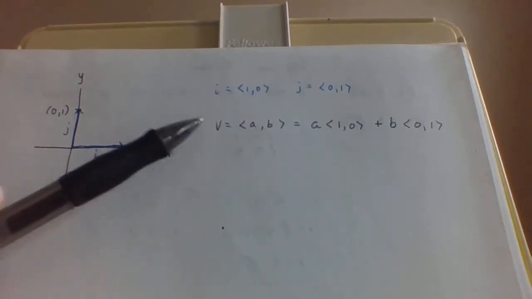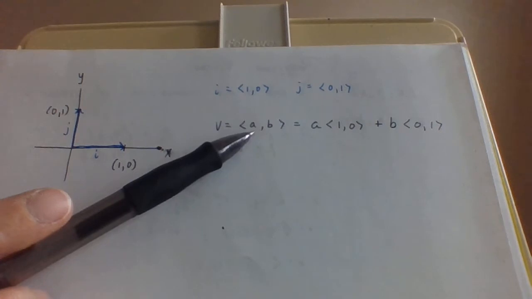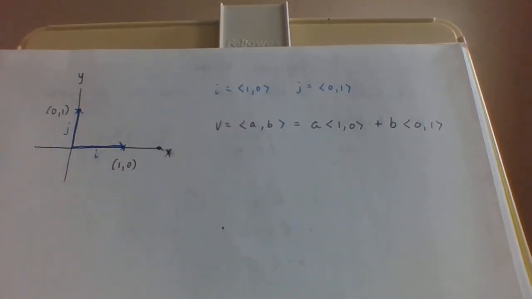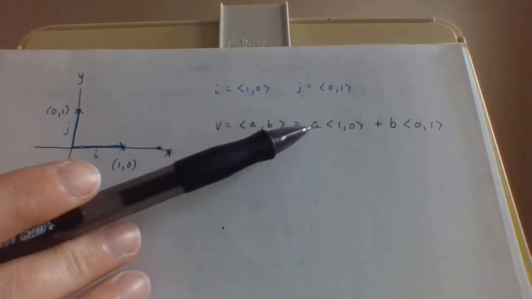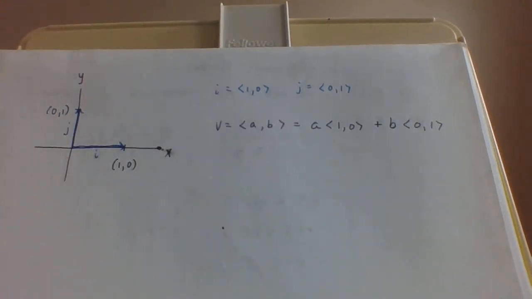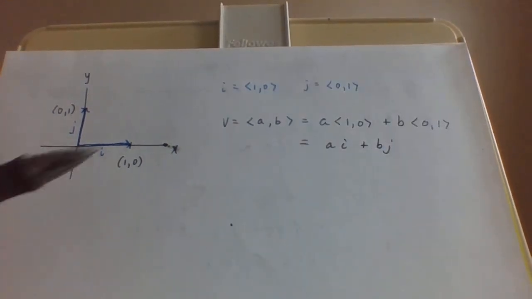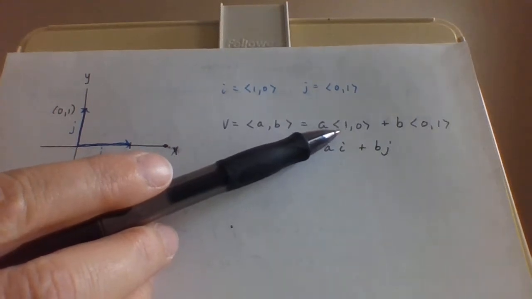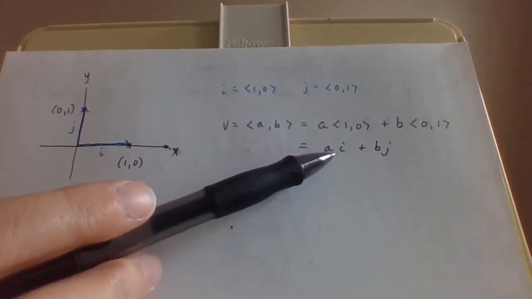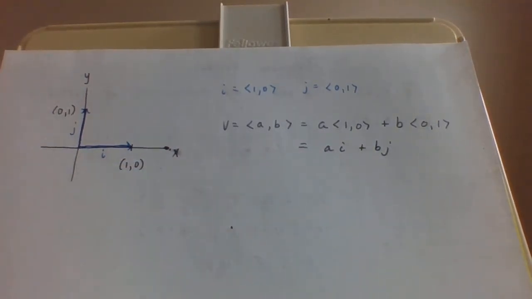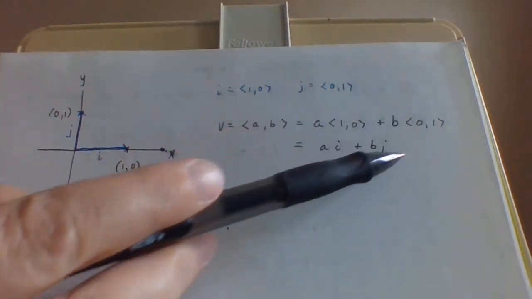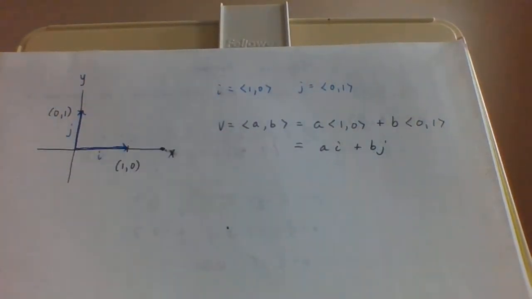Let's say we're talking about vector v, and it has components here of a and b. We could also use this notation to represent our vector. Let's see what happens. Remember that this vector (1, 0) is equivalent to vector i, and this vector (0, 1) is equivalent to vector j.